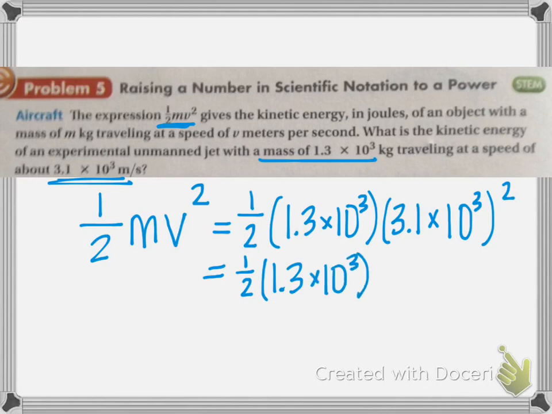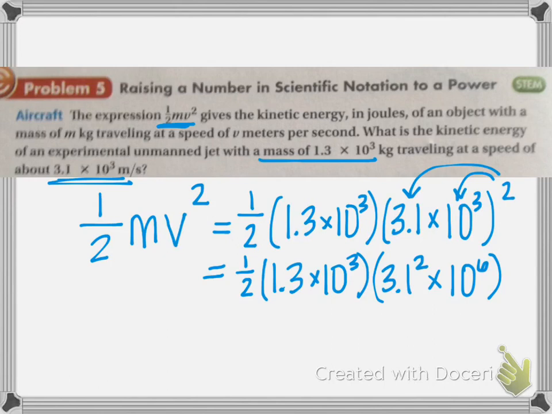So I'm going to keep that, and then we're going to square both of these things. So it's going to be 3.1 squared, and you can go ahead and put that in your calculator and get whatever 3.1 squared is. But I'm just going to put 3.1 squared times, and then 10 to the 3rd squared, that's going to be 10 to the 6th.